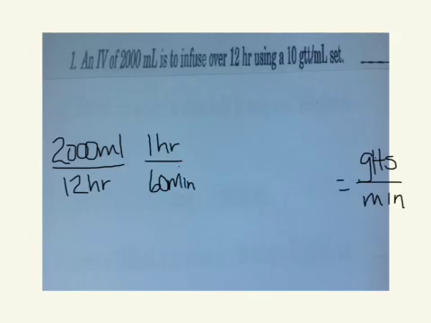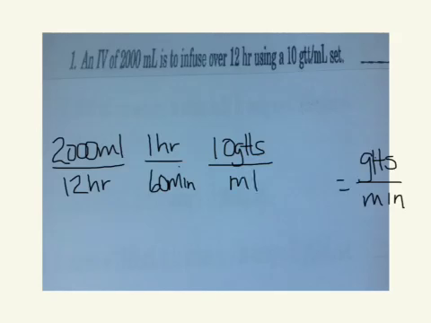And that works out perfect because the minute's on the bottom where you want it to be when you get done with your answer. And then you're going to do your 10 drops per milliliter. And this is going to work out great too because you want the drops on the top and the milliliters on the bottom so they cancel out with your 2,000 milliliters that you're going to infuse.